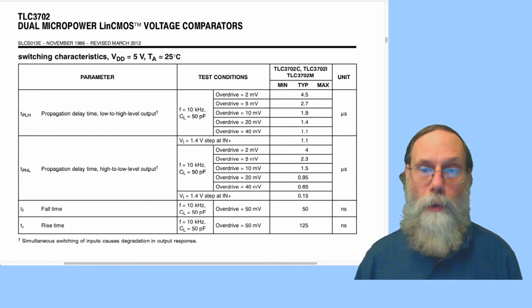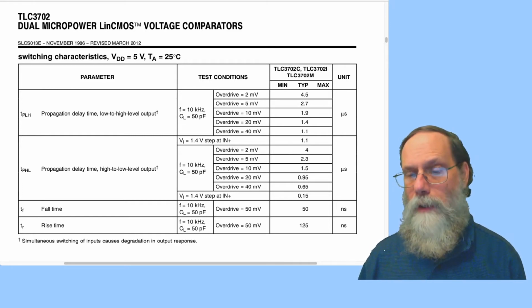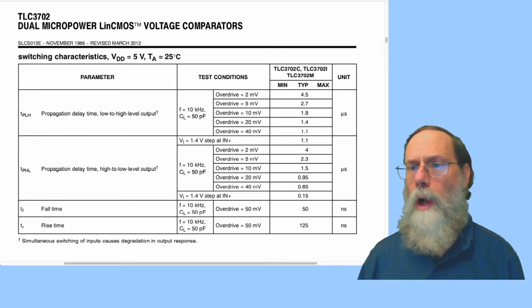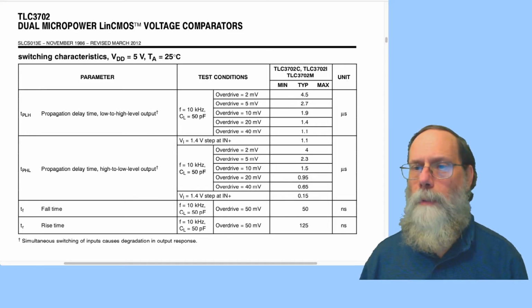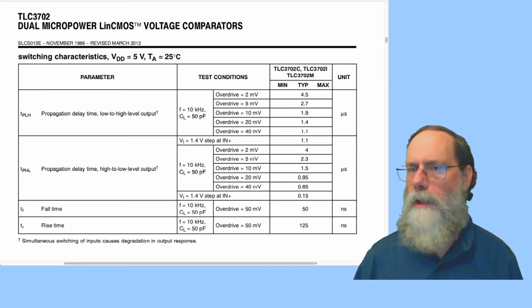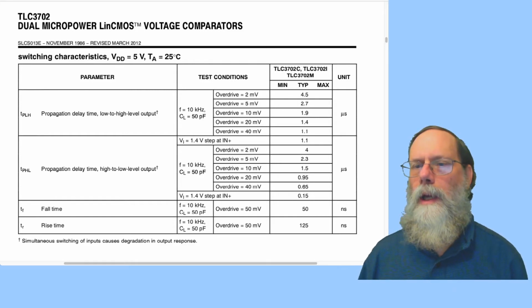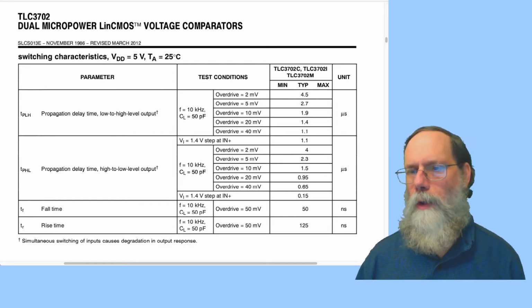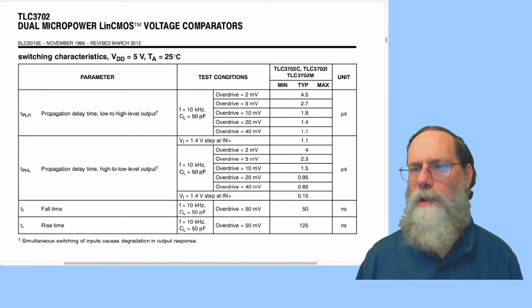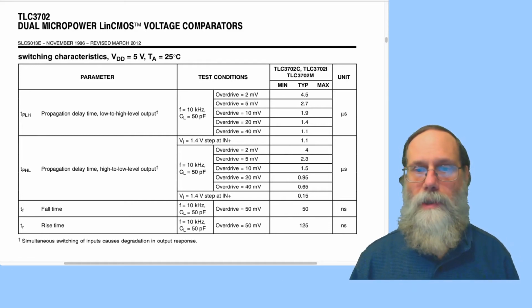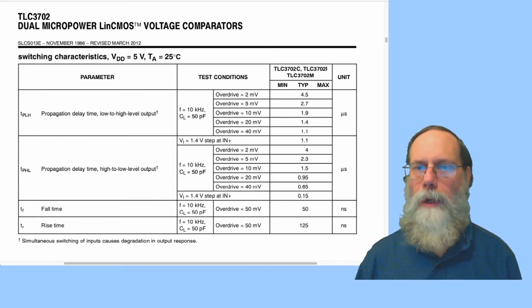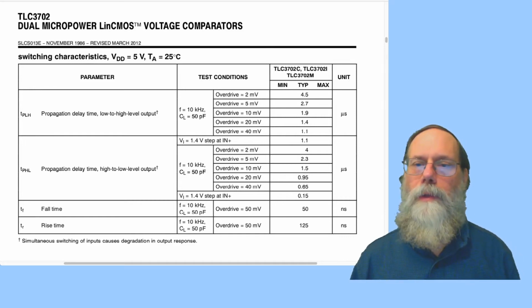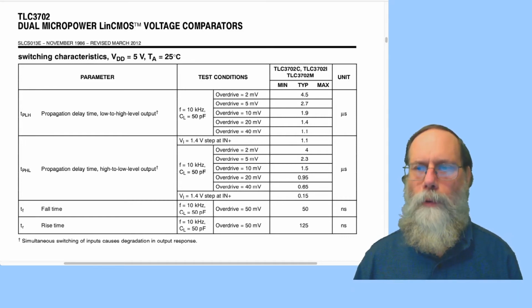We've got a load capacitance of 50 picofarads, which is fairly small actually. It's the sort of load capacitance you would get if you're driving ordinary logic gates. It's not big enough for a big power field effect transistor, where we might have a much larger gate capacitance as our load on the comparator. There's another value here which is the overdrive.